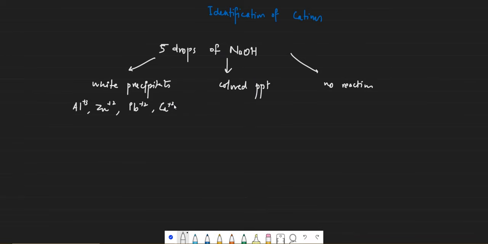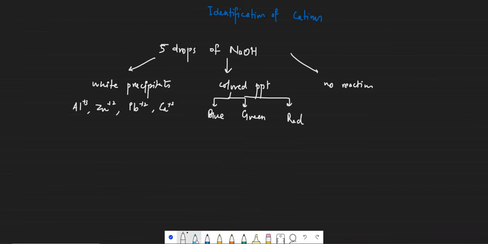As far as colors are concerned, colors can be split into blue, green, and red. If they are white precipitates, then it can be all these 4 ions.